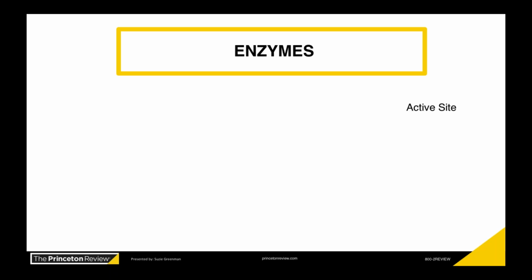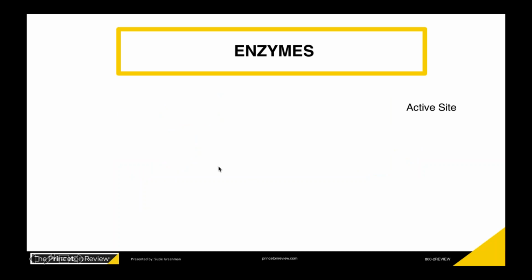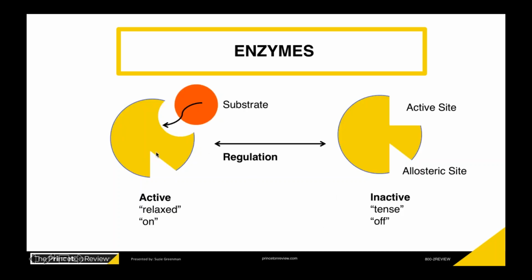But let's go back to this slide here. If I have something that binds to an allosteric site, I can turn it off. That was part of the whole regulation thing, right? So I have something that binds to an allosteric site here and turns it off. So now my active site no longer fits my substrate.